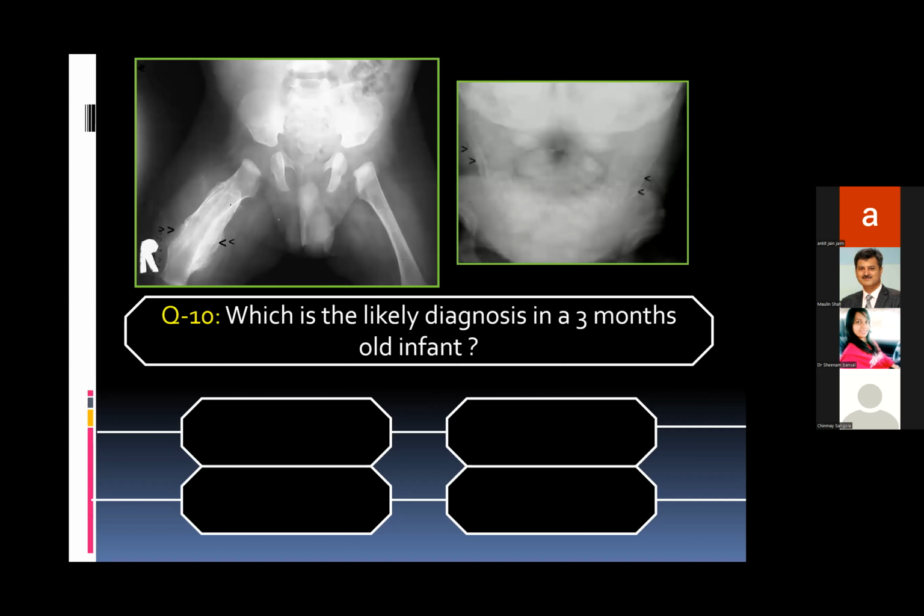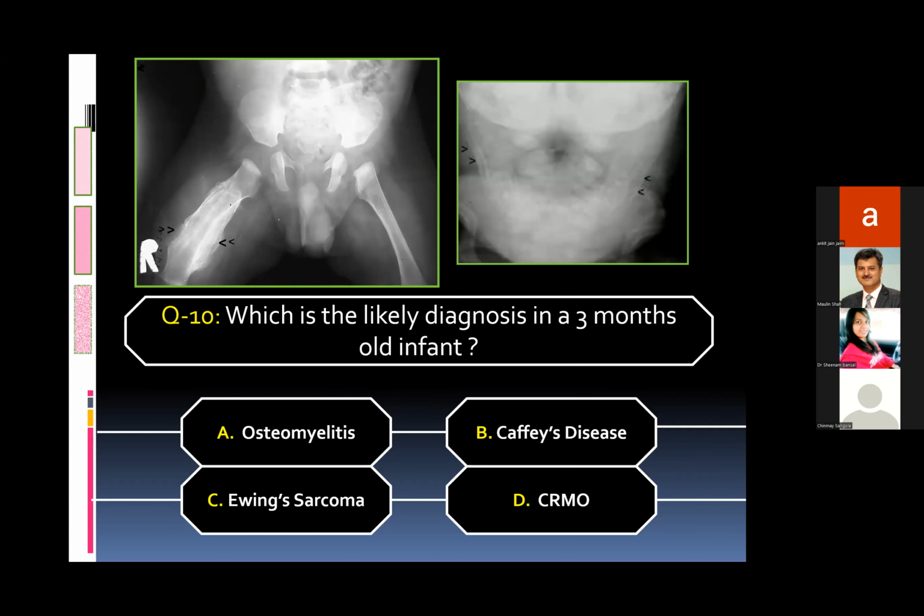Which is the likely diagnosis in a 3-month-old infant on the basis of these X-rays? What do you think it is? Caffey's disease, right? And these patients have a very characteristic mandibular lesion also.